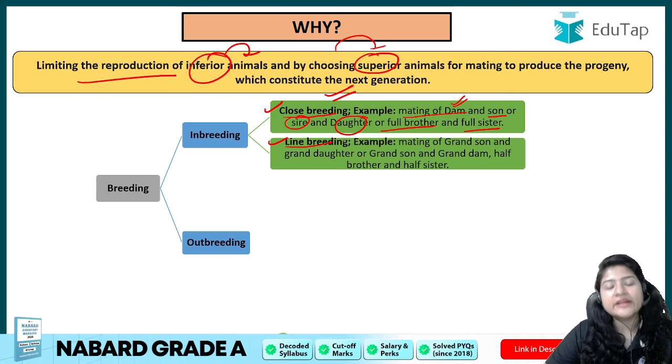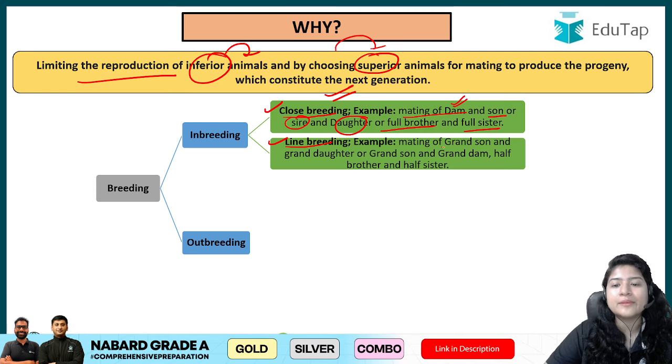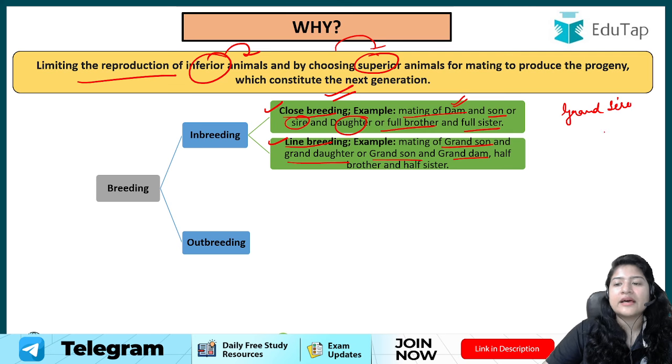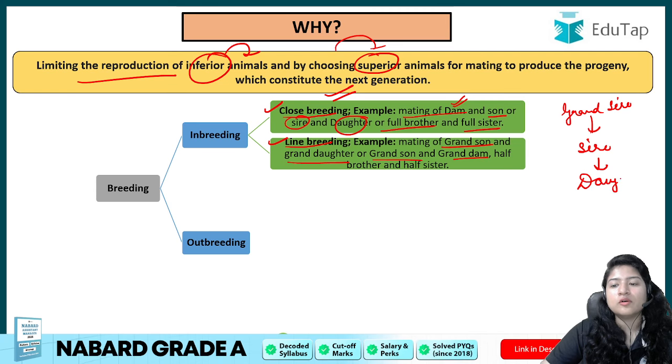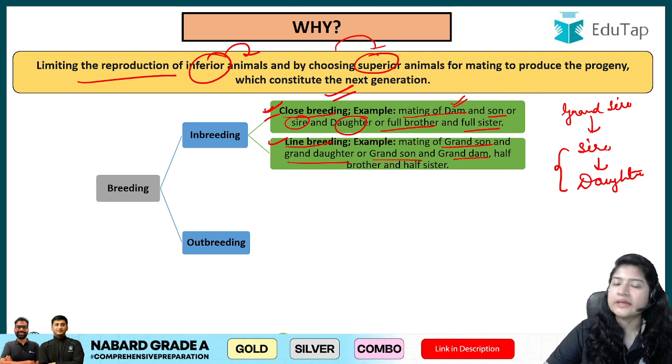While in line breeding relatives are also used, they are not that immediate. For example, mating of grandson and granddaughter, or grandson and granddam, or a grandsire and then the sire, and then the daughter. In close breeding, sire and daughters were used, which were the immediate relatives.